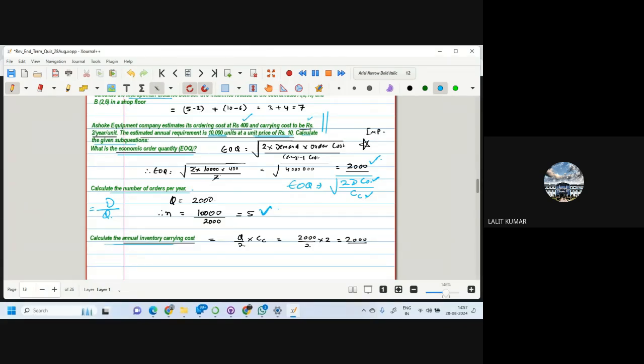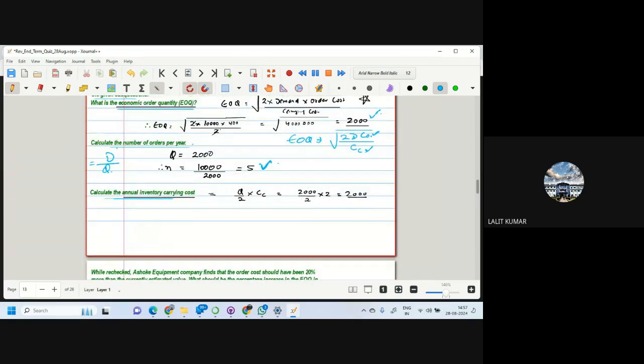So always remember, in this kind of scenario, your inventory comes down, you fill it, again comes down, fill it, again comes down. So you are doing this 5 times and applying the normal maths. Your average inventory is Q by 2. So this is the one which you are carrying, and you multiply by the carrying cost, Q by 2 into CC, you get the answer 2,000.